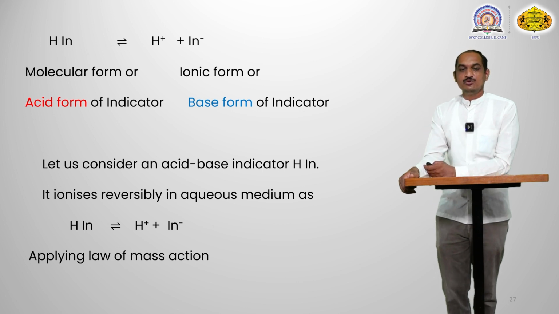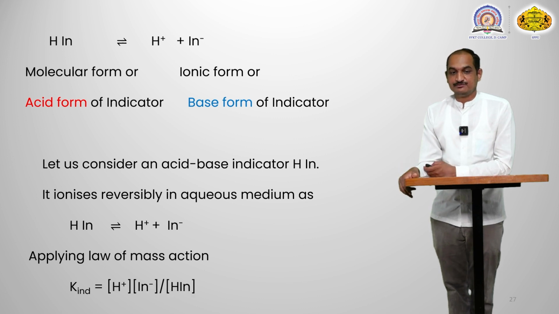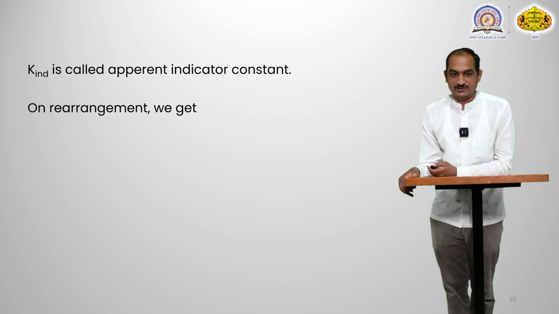When we apply the law of mass action, it gives K indicator is equal to the concentration of H+ ion into the concentration of In- ion divided by the concentration of HIn. So here K indicator is called the apparent indicator constant.